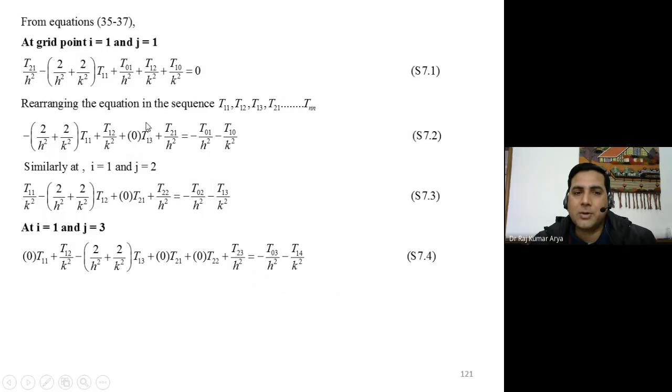Whatever is not present in this equation, just substitute with 0 coefficient. Fine? I have not put that here for the time being, but that needs to be put. So this is your known thing. Everything is known, T01 and T10. Everything is known from the boundary. Fine.